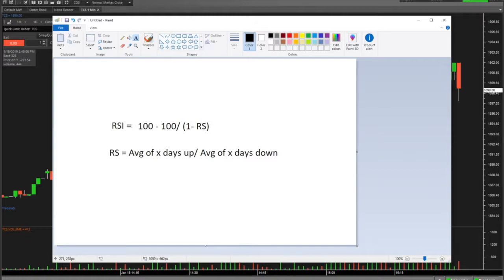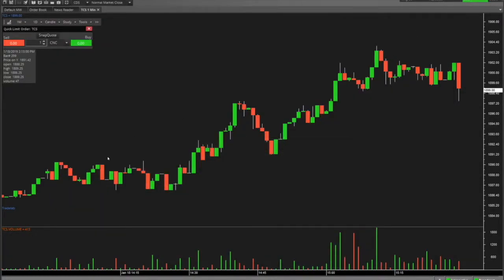Our RSI is calculated by this formula, which is 100 minus 100 divided by 1 minus RS, where RS is average of X number of days the market was up divided by average of X number of days the market was down. We don't have to calculate these formulas because almost all the softwares now chart or calculate this RSI and plot it on our chart.